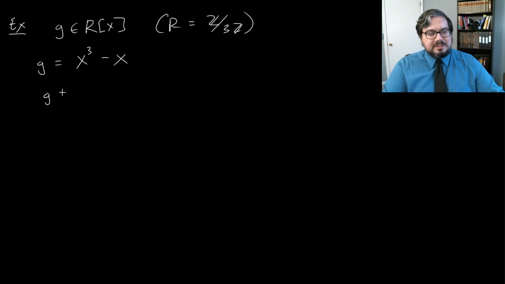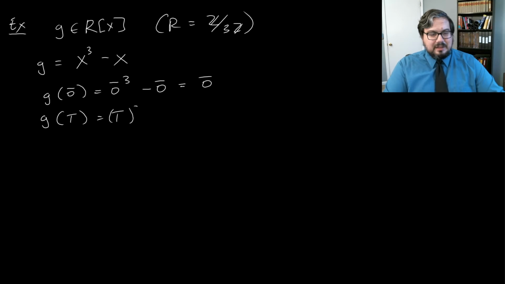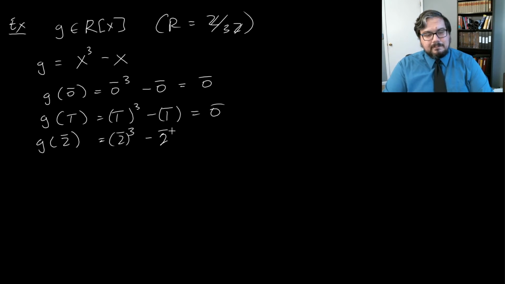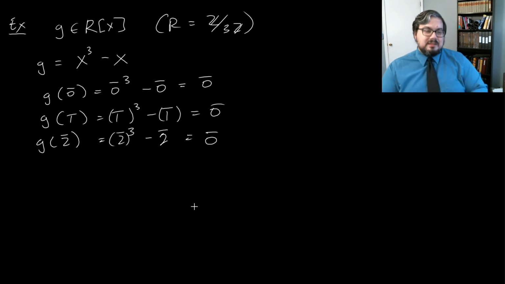Now, you'll notice that if we plug in any of the elements of R and evaluate this polynomial g at 0 bar, 1 bar, or at 2 bar, we get 0 out of it.